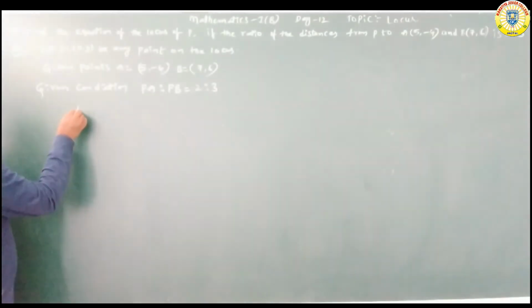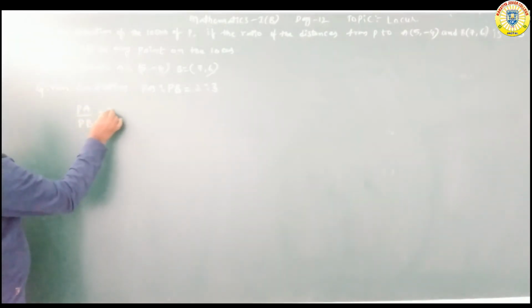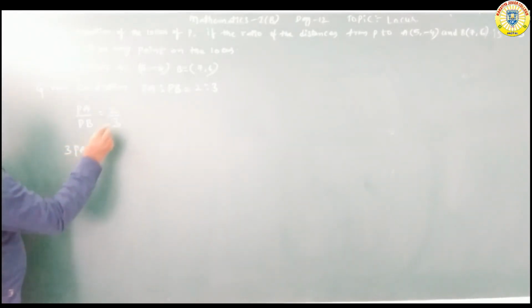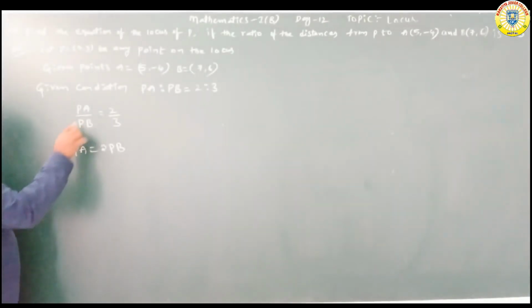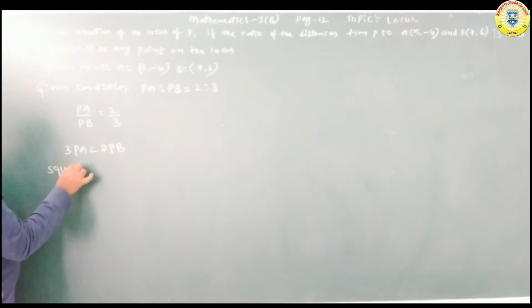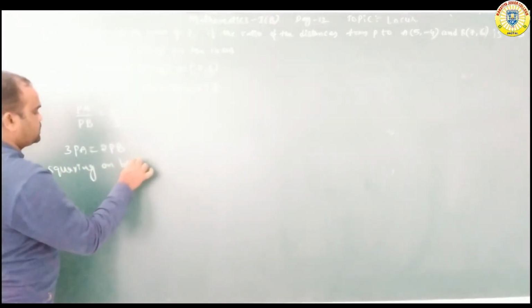Here PA by PB is equal to 2 by 3. Now we are doing the cross multiplication. 3 into PA is equal to 2 into PB. Next we are doing squaring on both sides.